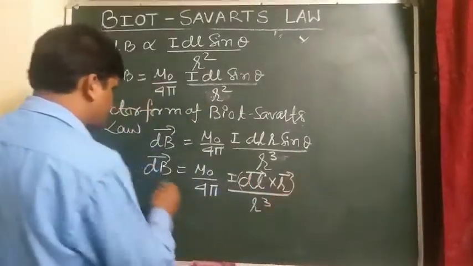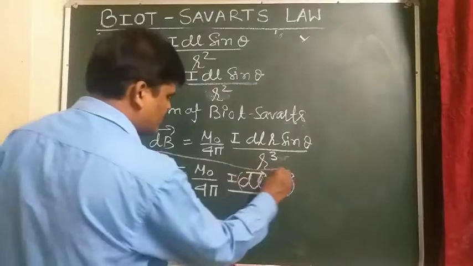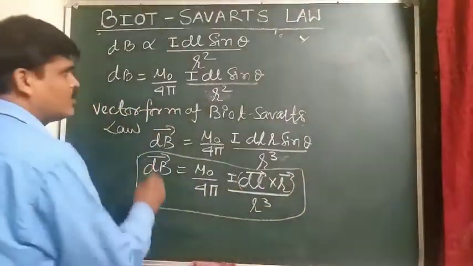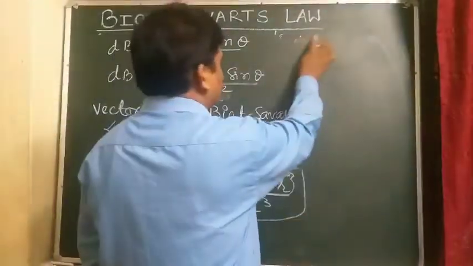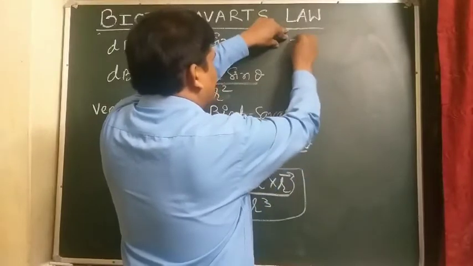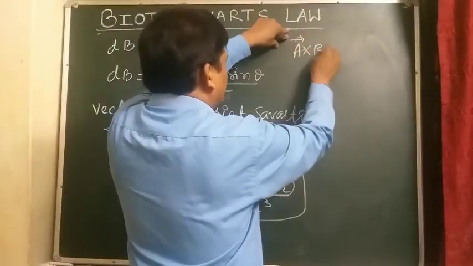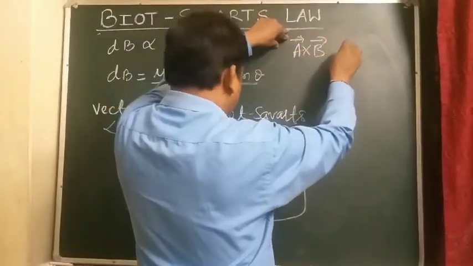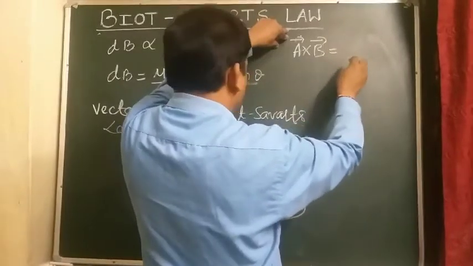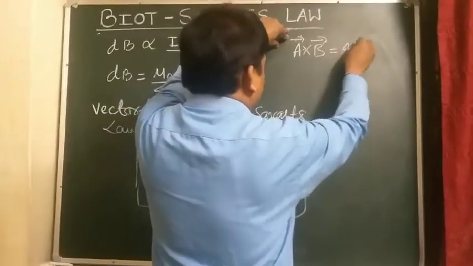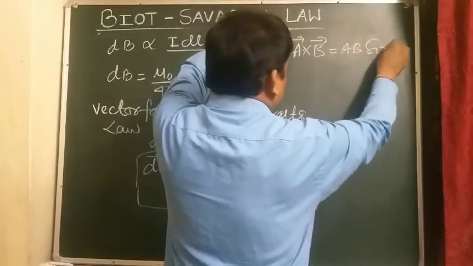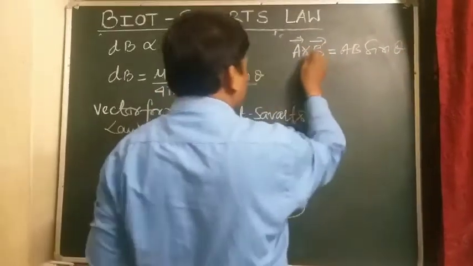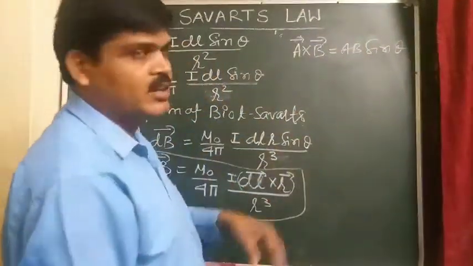So student, you know the vector product of two vectors: vector a cross vector b is written as AB sin theta, and a unit vector for direction.